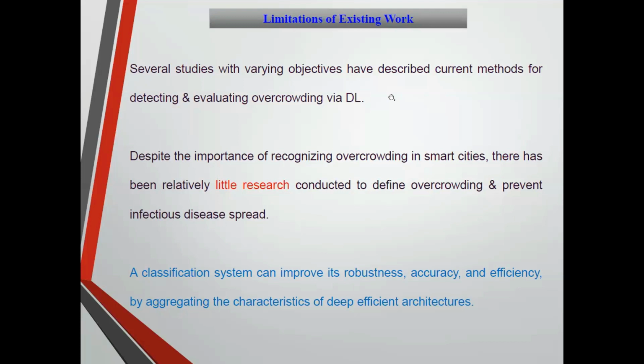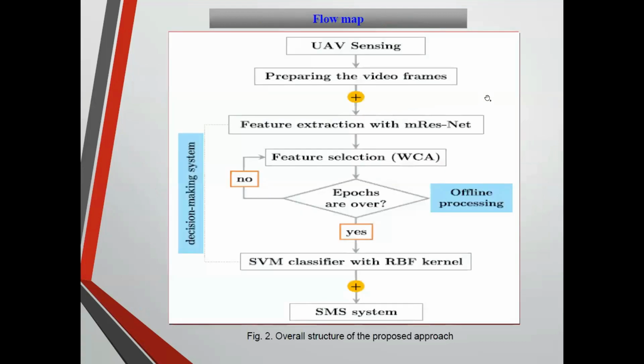Based on the literature survey, we found a lack of this kind of work available. This is going to solve real-time problems, so that's why we have considered deep transfer learning.